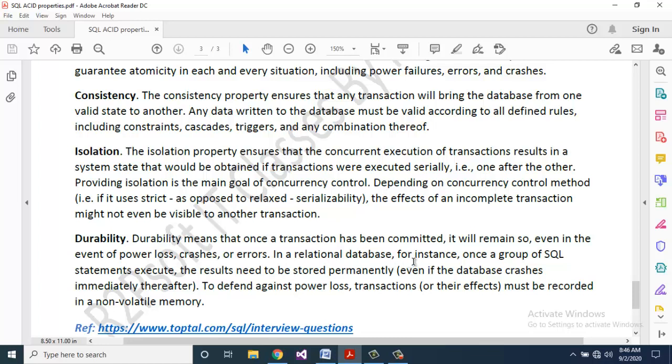In a relational database, for instance, once a group of SQL statements execute, the results need to be stored permanently, even if the database crashes immediately thereafter. To defend against power loss, transactions or their effect must be recorded in a non-volatile memory.